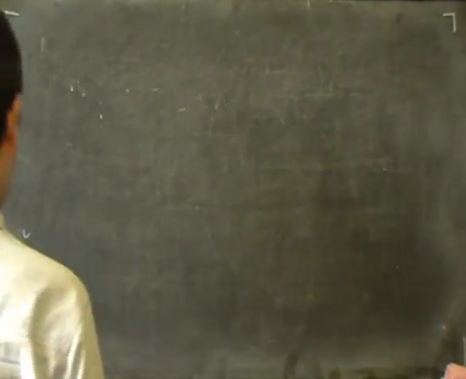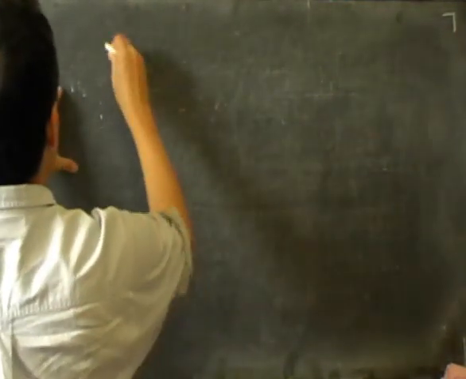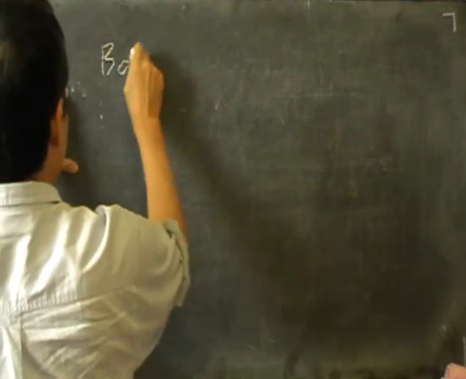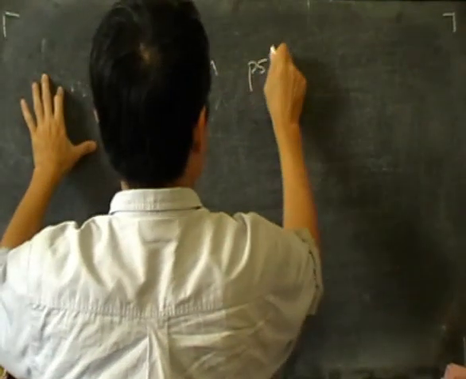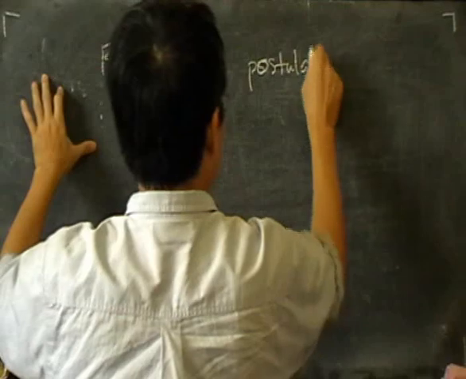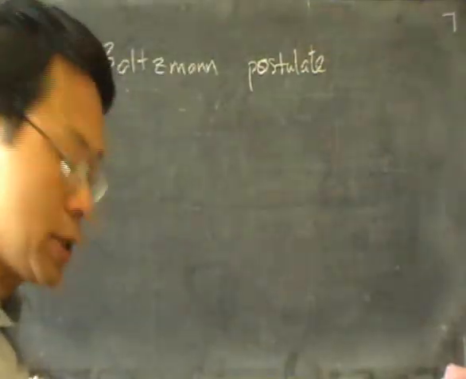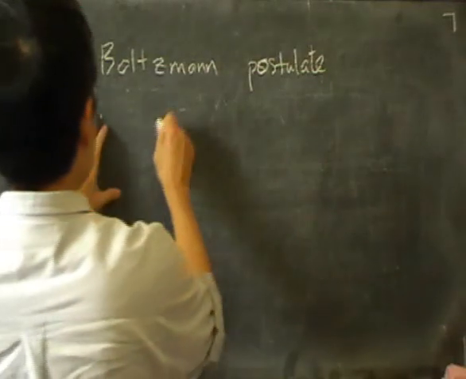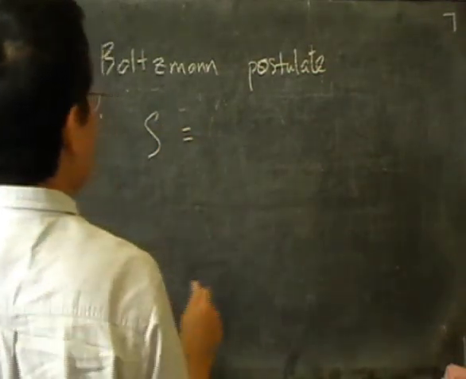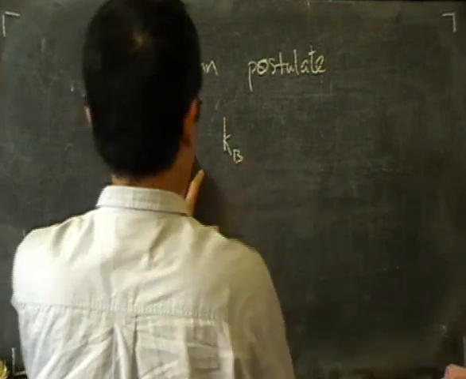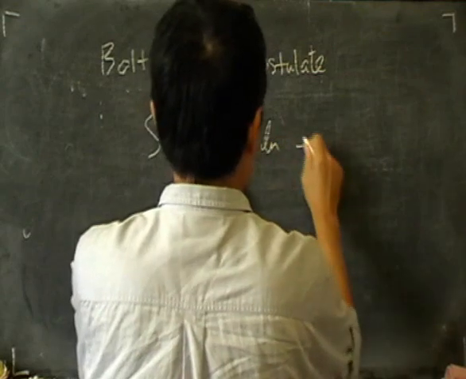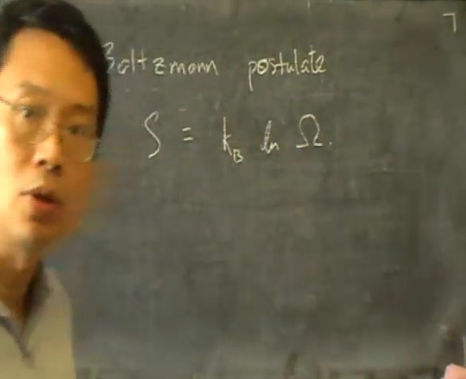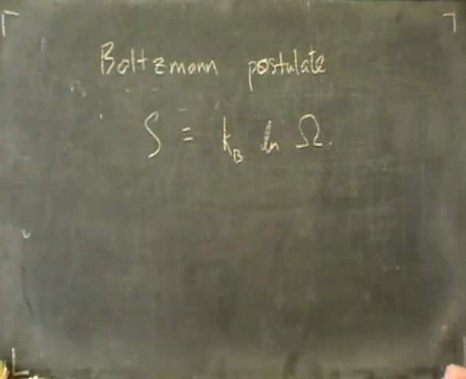Now let's start with this idea of the Boltzmann postulate. The Boltzmann postulate is the postulate that the entropy S is equal to a constant, which we call Kb, times log of the number of possible arrangements of the particles among the energy levels.